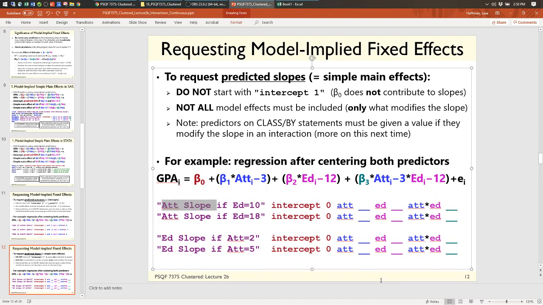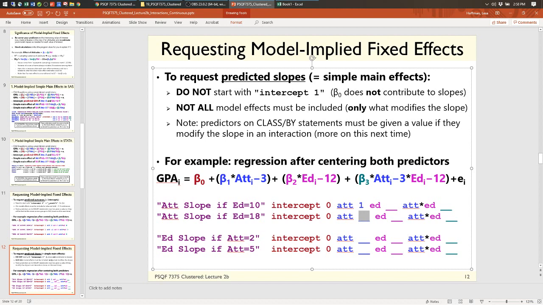So right away, if I know that I want the attitude slope, what goes here? 1. Because the attitude slope at a minimum starts off with a beta 1. I need 1 beta 1 to get me started. Likewise, the next one down is an attitude slope.